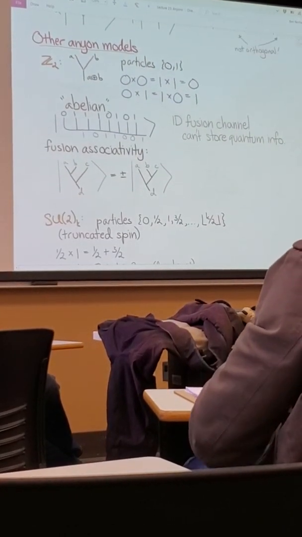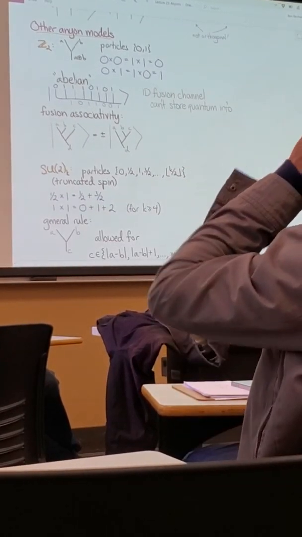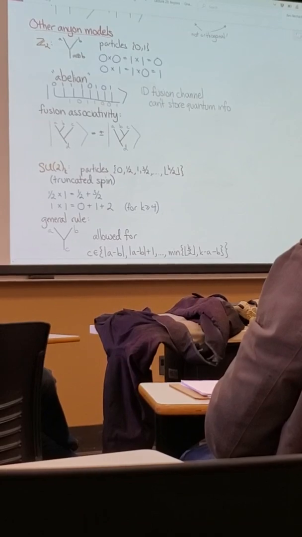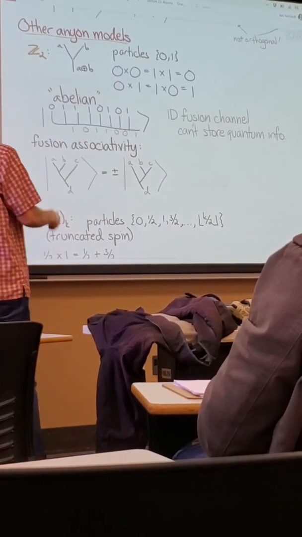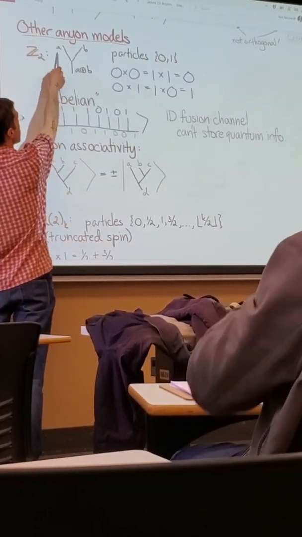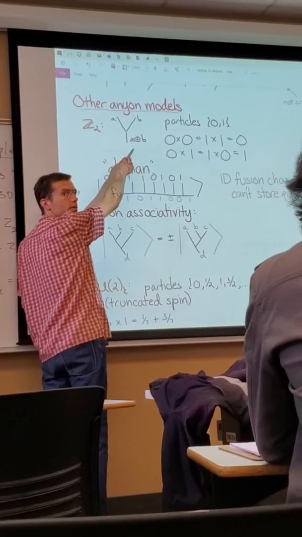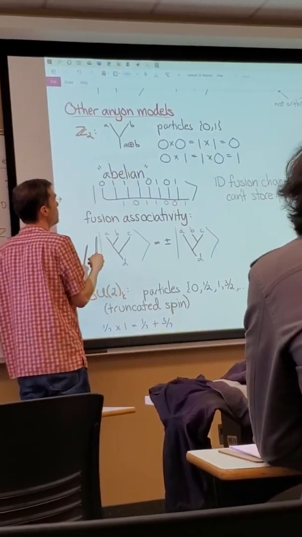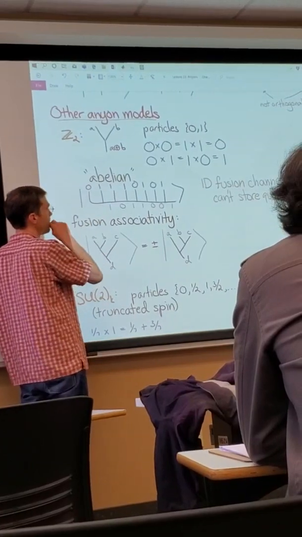Okay, so I do have other anyon models here in the notes. What are the interesting ones? So Z2 is not an interesting model. Here the particles are 0 or 1, and you just get the XOR for the sum. And you can't store any quantum information here because, well, let's see.